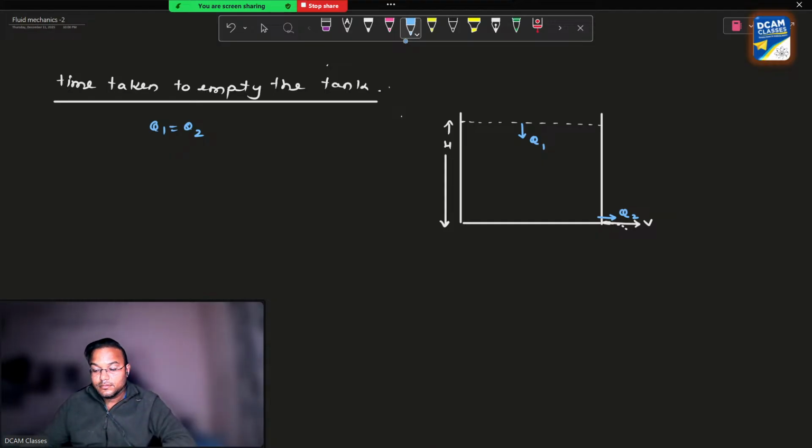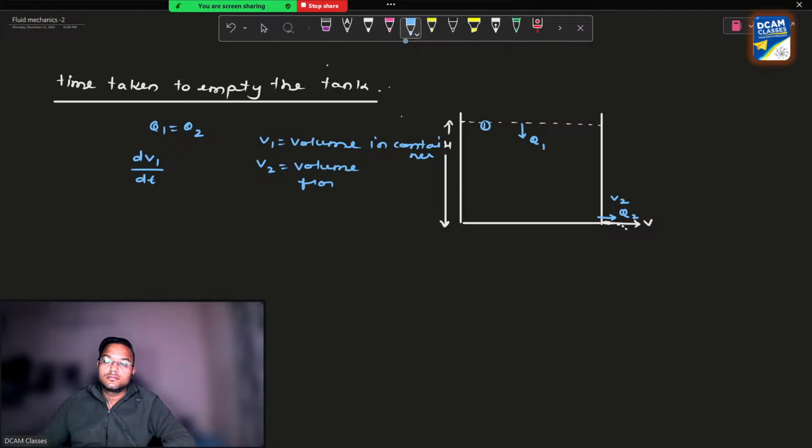Now, what's the flow rate? dV1 by dt, volume of flow. This V1 is the volume at this one point, and V2 is the volume at this point. dV2 by dt.